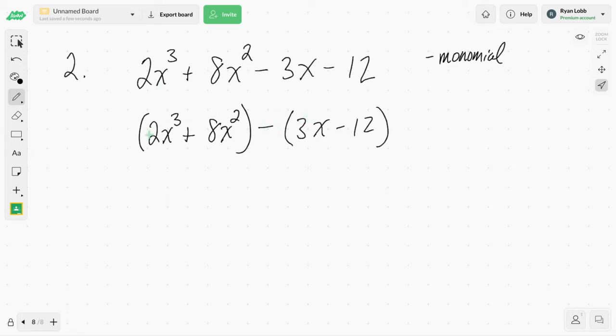Here, if I started with this and moved backwards up here, I'd have to distribute a -1. When I distribute this -1, I get -3x, but then I get +12. And that's not what I originally had, which means I did something wrong. What you effectively did, when you put a parenthesis here, is separate that negative from that 3.